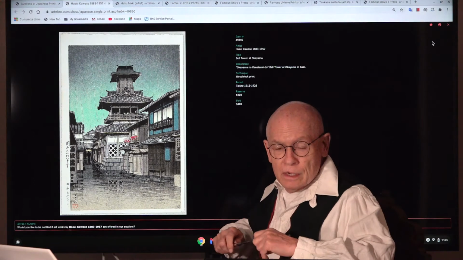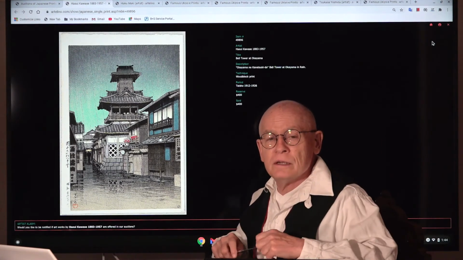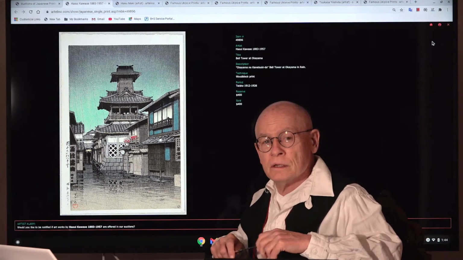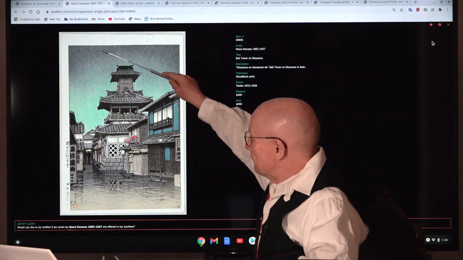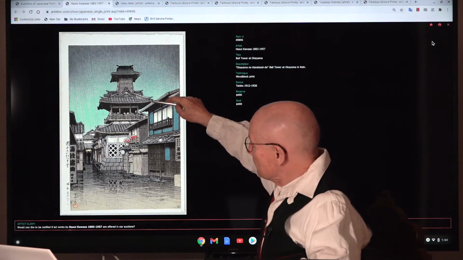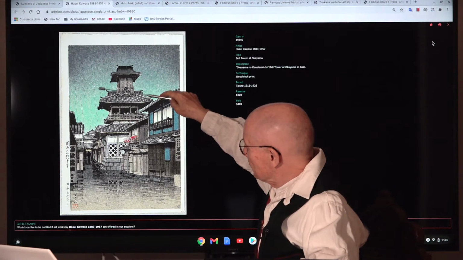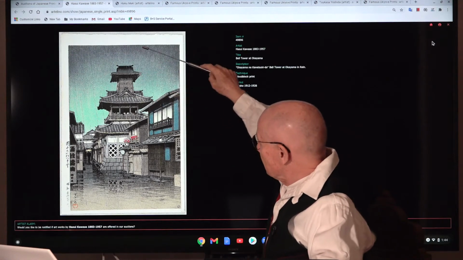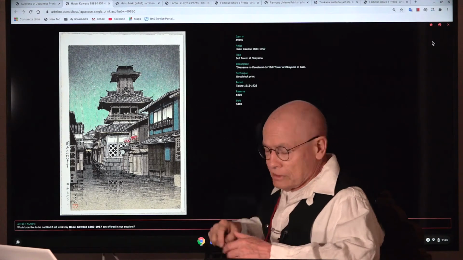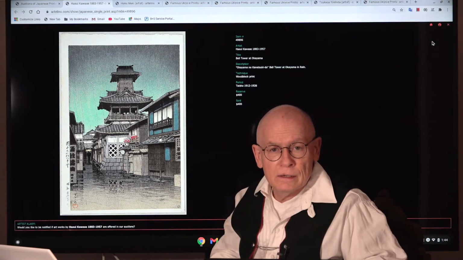Number 2, how rain was already shown in ukiyo-e, in prints from the 19th century. These artists made small, thin lines coming down from above, indicating rain.